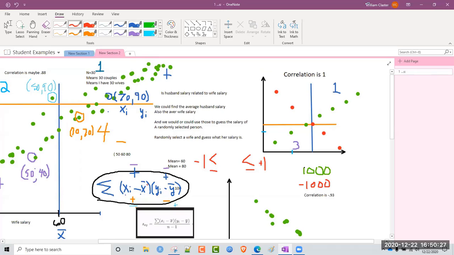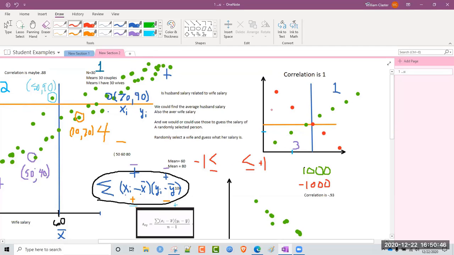I want to construct something like this, but that only goes as high as +1, not as high as 1,000 or 10,000 or 10 million, and only goes down to -1. So that if the relationship is perfect, like these green, it'll be 1.